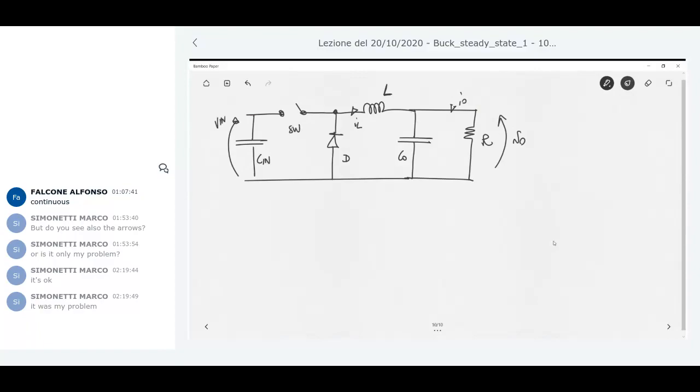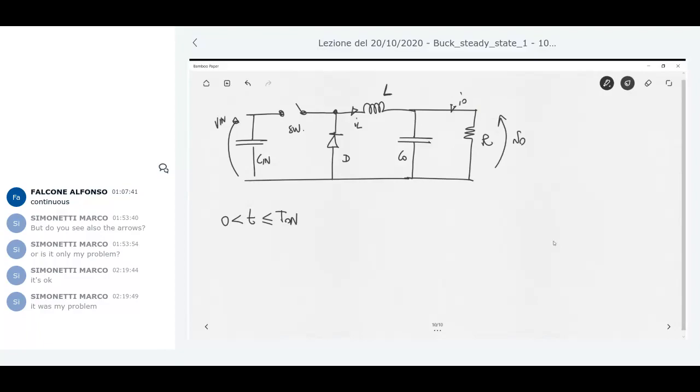So remember, I have to identify two linear circuits, and I can find a linear circuit for each of the two states that can be derived by looking at the switching network. So let me show what happens during the first part of the period, which is the part that happens for a time interval during T on.